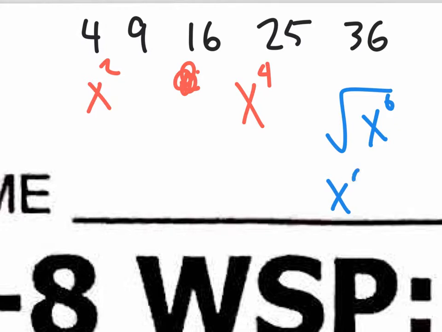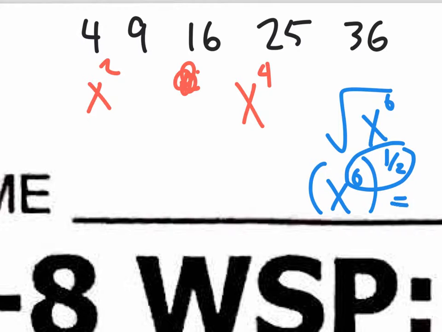So I do have x to the sixth, but instead of the square root, you could think of it as the power of 1/2. And the power of 1/2 with the power of 6, a power to a power you're supposed to multiply, that would give you x to the third. Okay? So the square root is really the power of 1/2, and you could take the square root of any even-powered term. But anyways, that's just a review for perfect square terms.